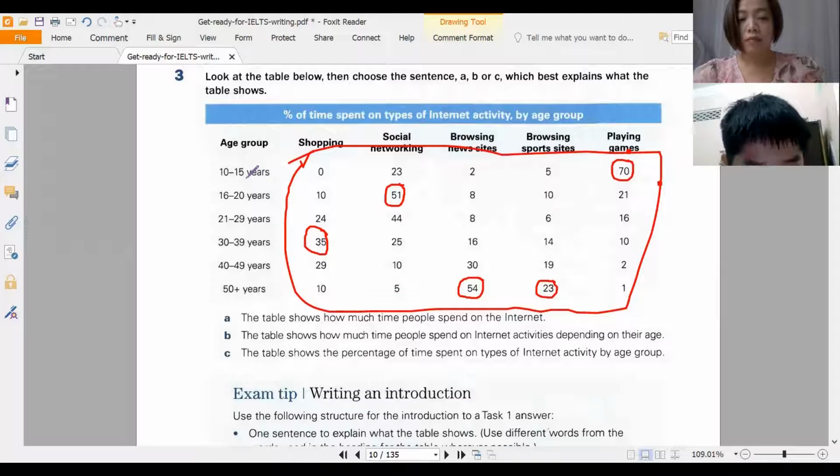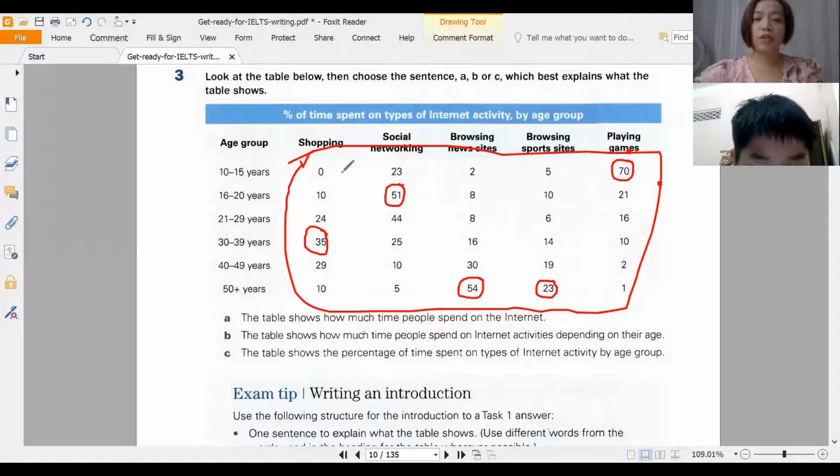It's social networking. Good. Now, the other thing is, when you look at this way, can you see number 70 outweighs the others, right? Yes. Similarly, the second age group also outweighs the others. Right.